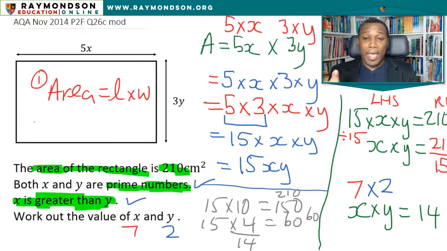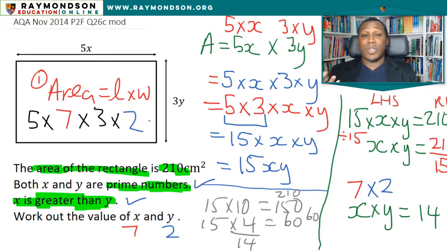If we do 5 times 7 multiplied by 3 times 2, that's what we want to check. If we multiply those numbers, will we actually get 210? And 5 2s is an easy way to do it.